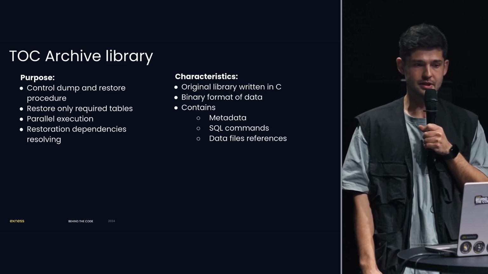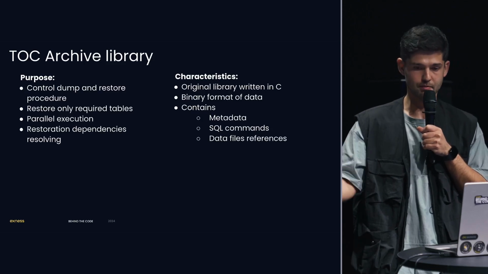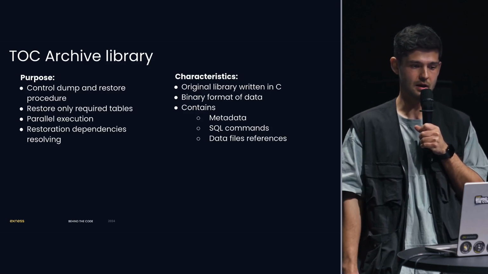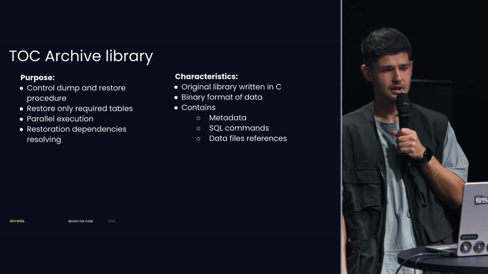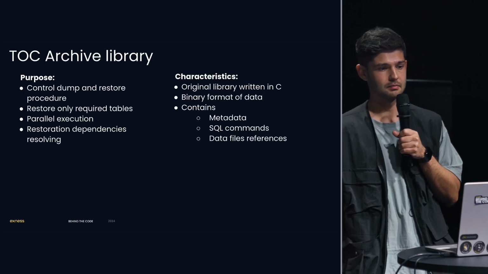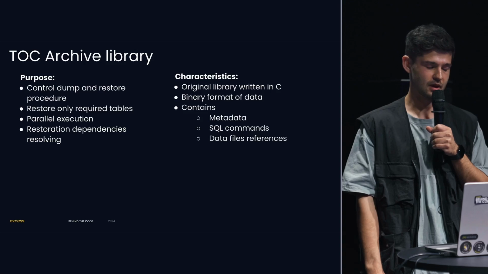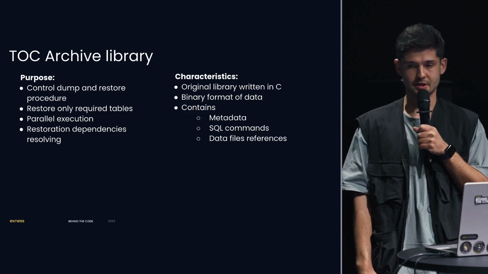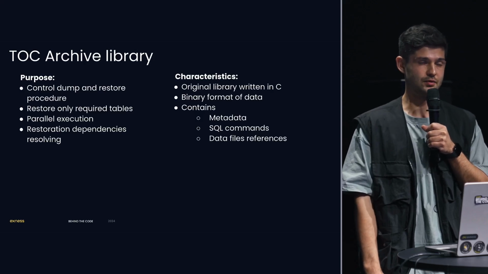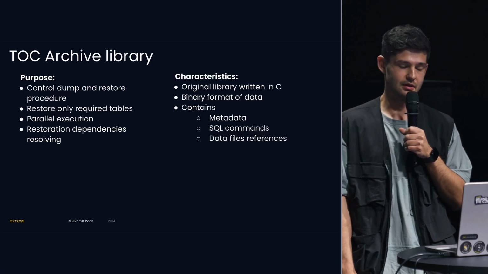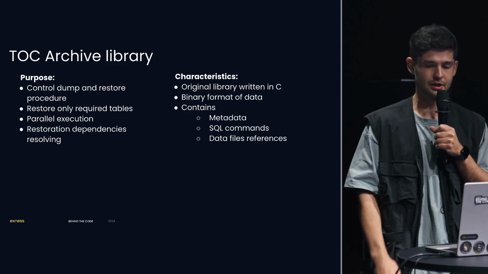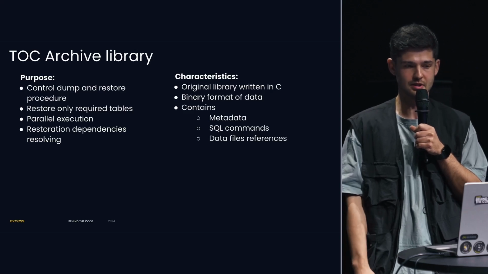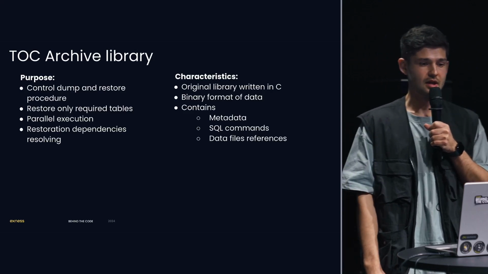The TOC library is a library within PostgreSQL that is used for logical backing up in directory format. This feature allows you to control the dump and restoration procedure, as it has all the information about your database that must be restored, including entities that must be restored, their SQL statements, and any other metadata.